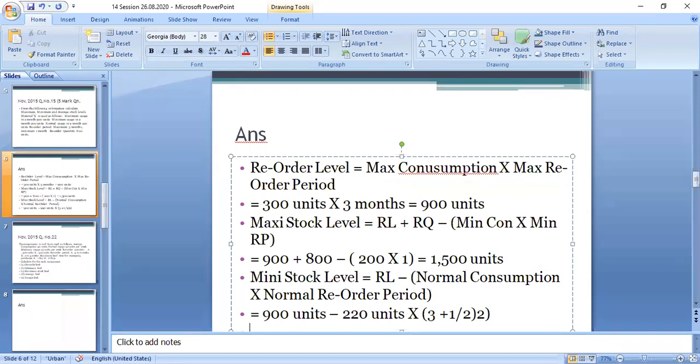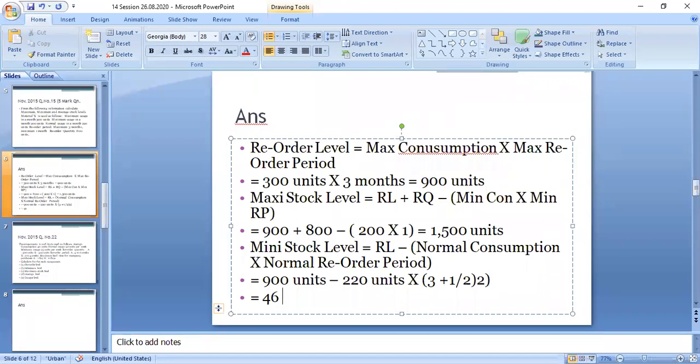So your answer will be 460 units. 460 units is the minimum stock level. So the minimum stock level is calculated. Maximum stock level is also calculated, 1500 units, and reorder level 900 units.